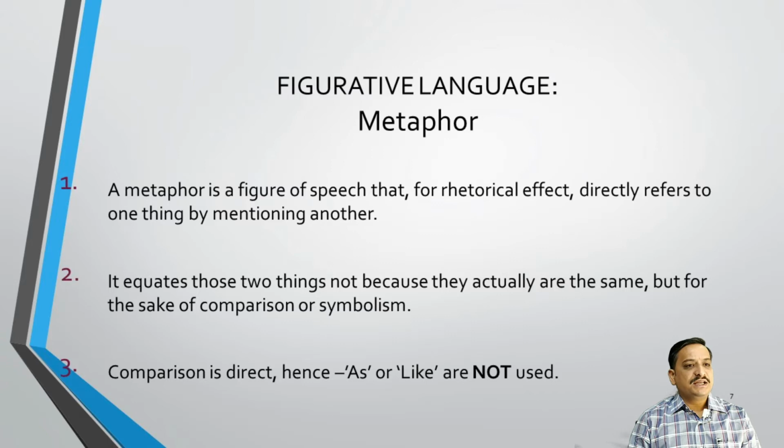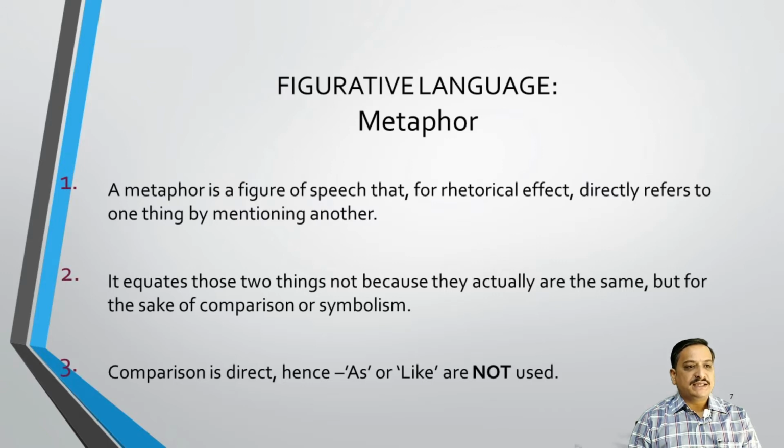The second literary device we are going to deal with is the metaphor. A metaphor is a figure of speech that, for rhetorical effect, directly refers to one thing by mentioning another. It equates those two things not because they actually are the same, but for the sake of comparison or symbolism.